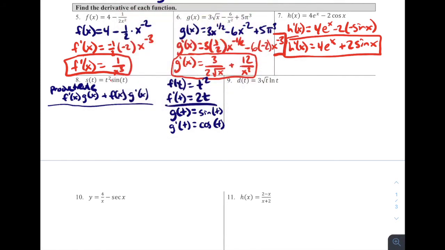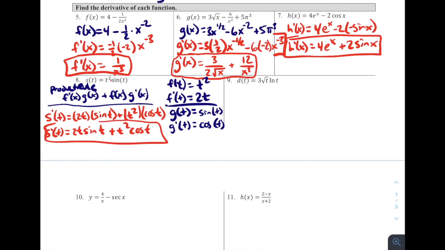Our derivative then is going to be s prime of t, and that's going to be equal to 2t times sine of t plus t squared times cosine of t. And so if we want to clean this up a little bit, there's actually not much we can do. That's going to be just 2t sine t plus t squared cos t. And that is s prime of t.